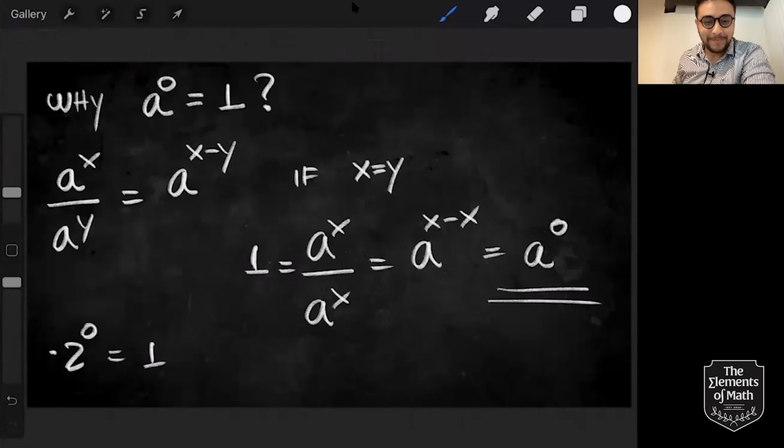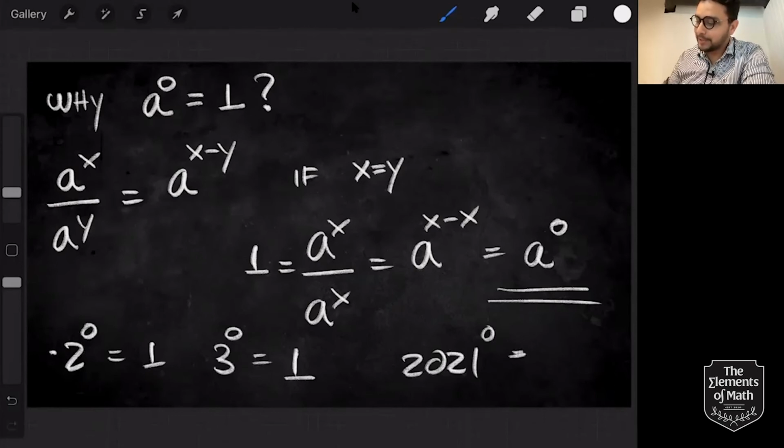It is 1. 3 to the power 0? It's going to be 1. 2021 to the power 0? It is also going to be 1. It doesn't matter which positive constant different than 1 I pick, it's going to be 1.